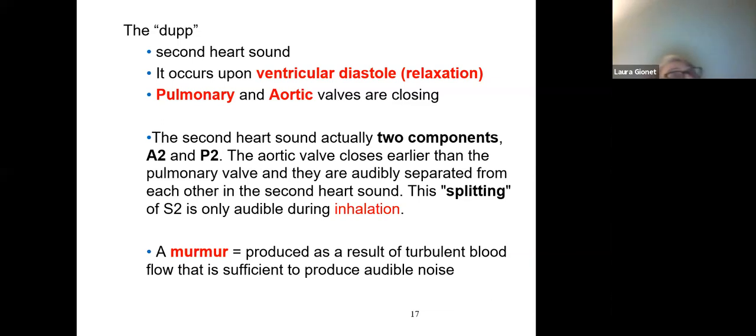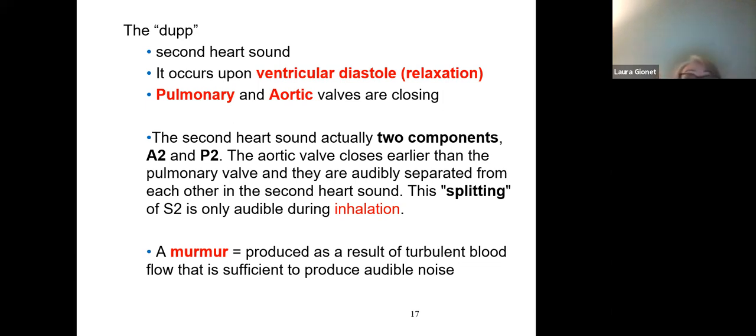Well, what if the door only opened 12 inches? Oh, well, then you kind of have to squeeze through, wouldn't you? All right. So some valves can be stenotic and not open entirely, which will produce a certain type of rumbling flow.